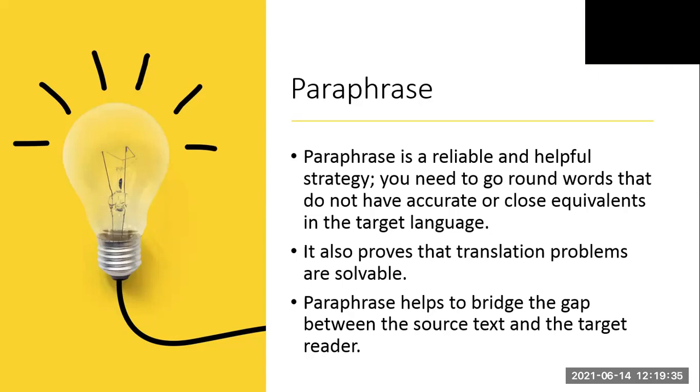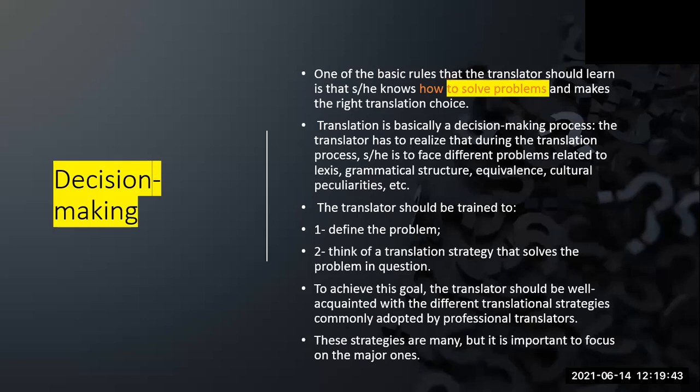You can use more than one strategy while translating, but the point is, first you have to define the problem, then you have to think of a translation strategy that solves this problem, which means you have to make a decision.